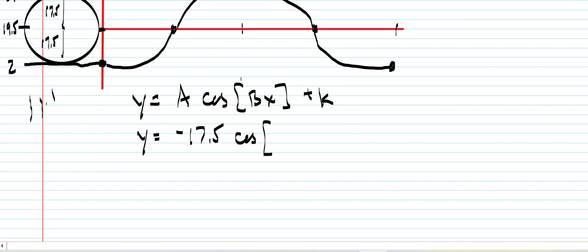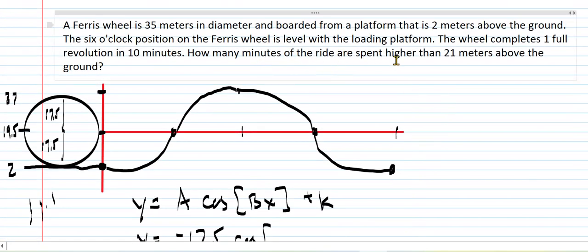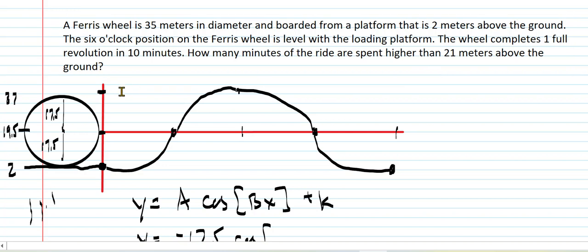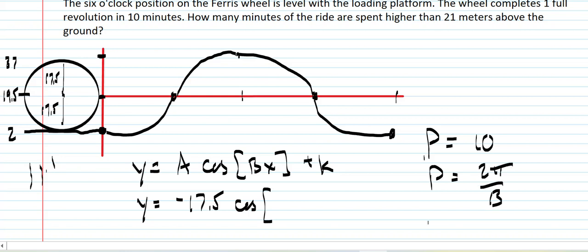Well, it also says that one full revolution is in 10 minutes. So 1 full revolution is in 10 minutes. That means the period is equal to 10. And we know that the period is equal to 2 pi divided by b, or b is 2 pi divided by p.